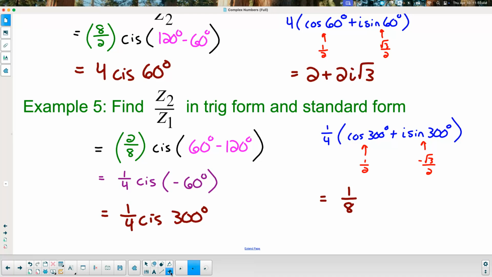One-fourth times negative root 3 over 2 is going to be negative root 3 over 8. I would also accept here 1 minus, oops, I forgot the i. 1 minus i square roots of 3 all over 8. Okay?